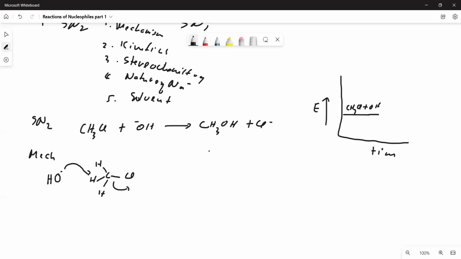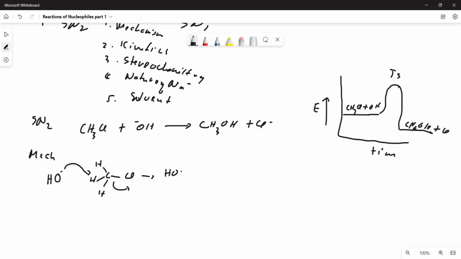It has to attack the back because the chlorine doesn't leave the carbon yet. So you have backside attack. When the hydroxide starts to attack the back portion, the energy goes up, reaching the highest peak, which we call the transition state, before it goes down to form the products, methanol plus chloride.